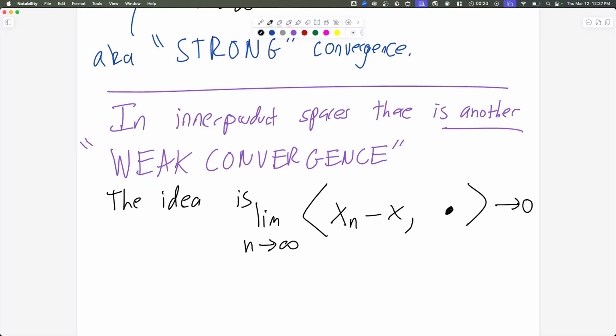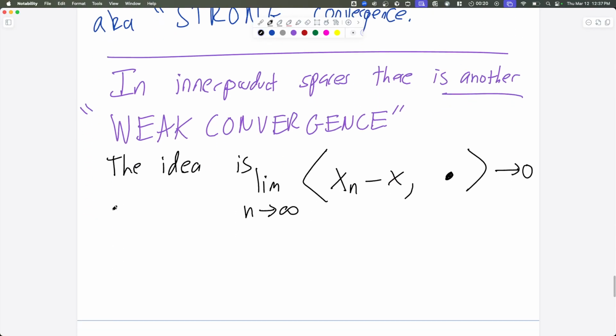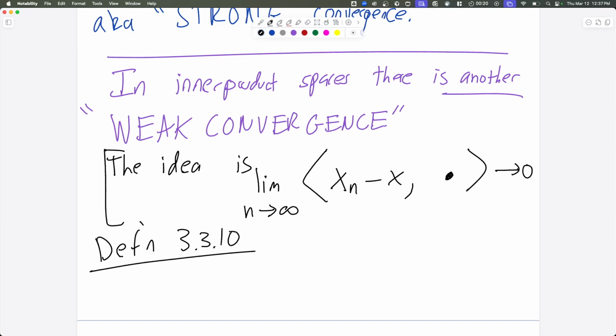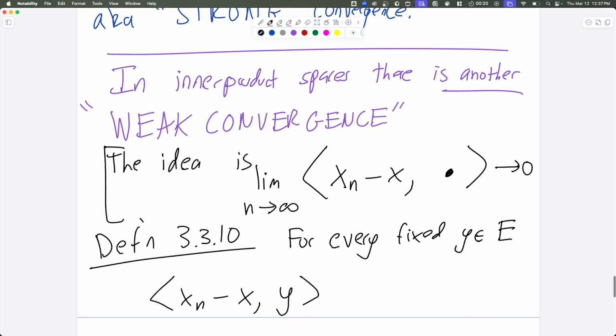So in strong convergence, the norm of xn minus x goes to 0. In weak convergence, what does it mean? This is the actual definition, definition 3.3.10 in the book: for every fixed y in your space, which we're denoting E, the inner product of xn minus x with y converges to 0.